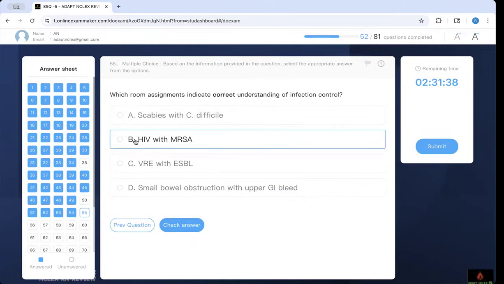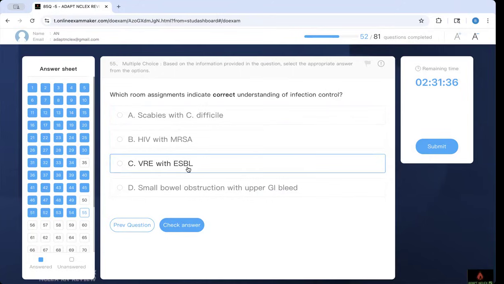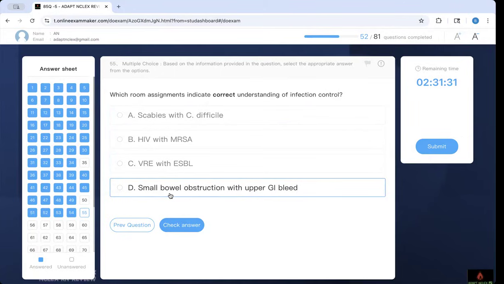MRSA will infect HIV. VRE and ESBL, not the same. Small bowel obstruction, upper GI, none of them have infection. Therefore, pick this one. This is critical thinking. I trapped you, right? No, critical thinking. I'm using the same concept and I get to 4. None of them have infection. Hey, they can be put together. That's all.